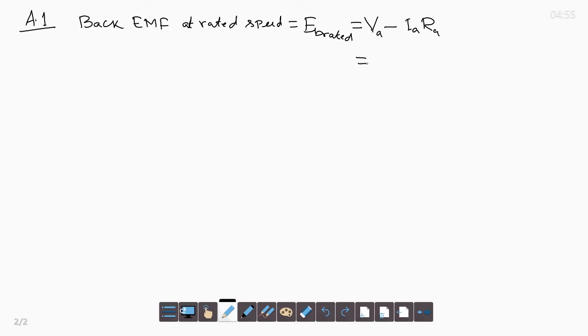Rated voltage is 230 volt minus rated current 38 ampere times armature resistance 0.3 ohm.